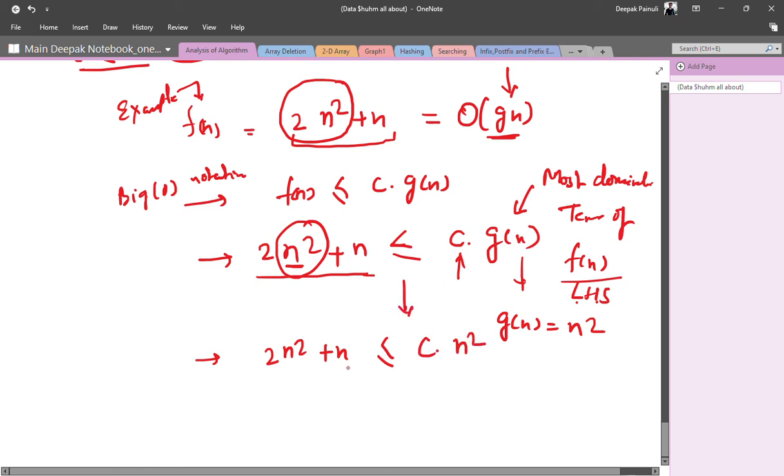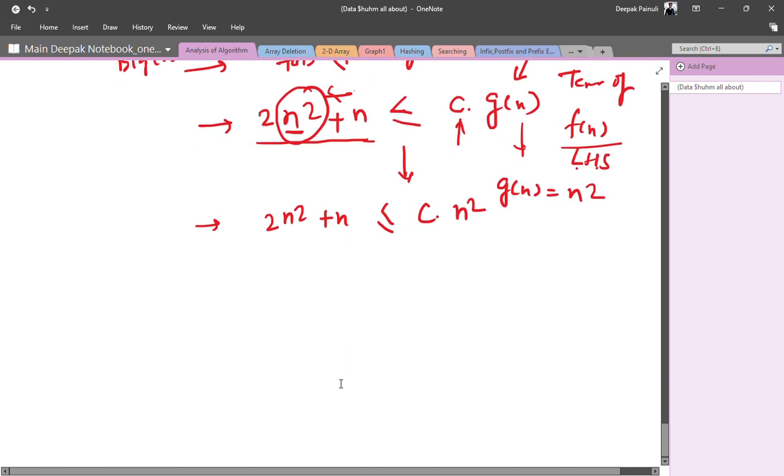Same equation, and we just replaced g(n) with n square by knowing the dominating term in the LHS. Now we need to find the value of c for this.